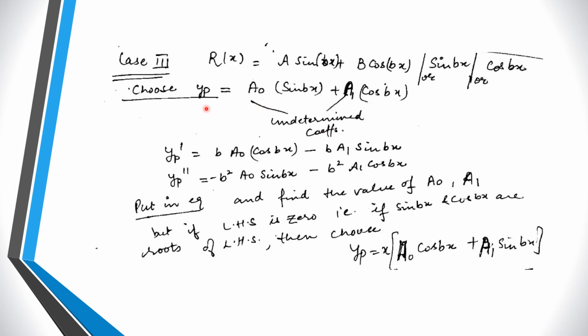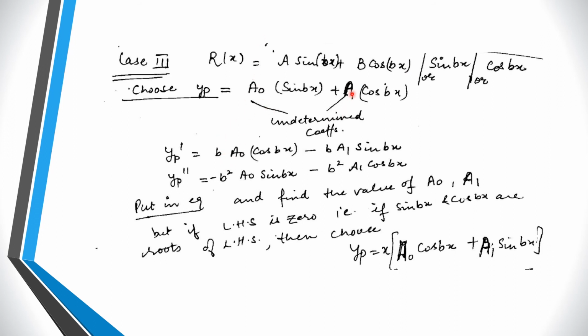Since we suppose that this yp is a solution of your main equation, it should satisfy the equation. So after getting yp dash and yp double dash and substituting in the main equation, you will get the values of these coefficients a0 and a1. But again, the case exists when your left hand side terms cancel out and the left hand side becomes 0, but in the right hand side you have R(x), so you cannot find the values of these undetermined coefficients.